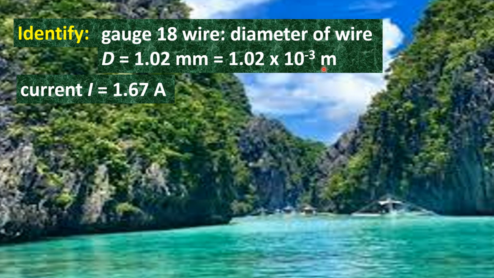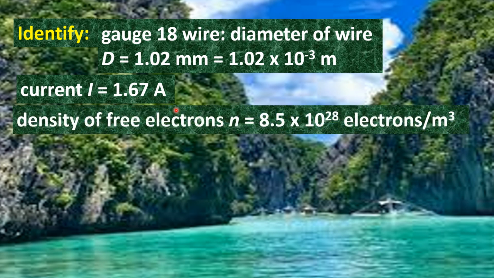We also have the current in the wire equal to 1.67 amperes. Likewise, we are given the density of free electrons denoted by small letter n equal to 8.5 times 10 to the 28 electrons per cubic meter.